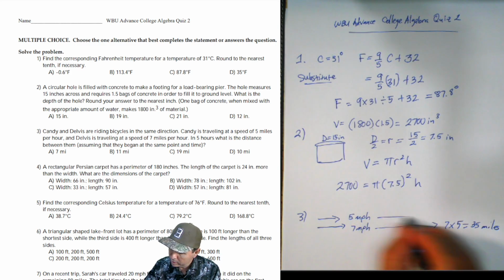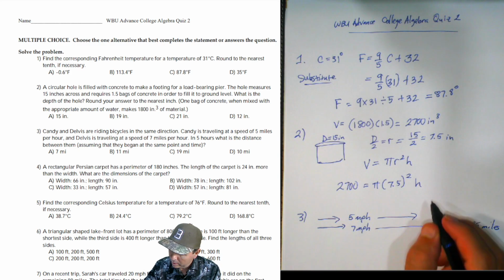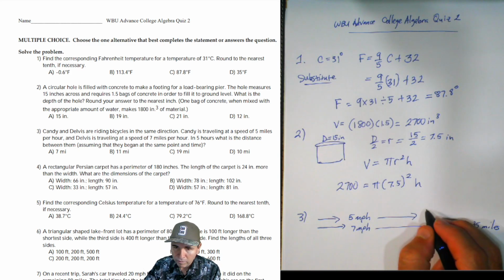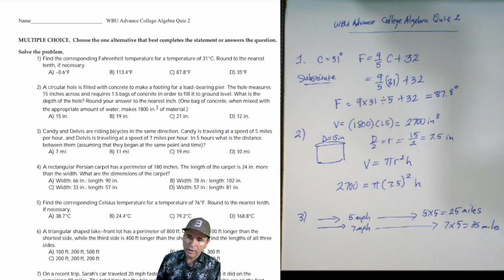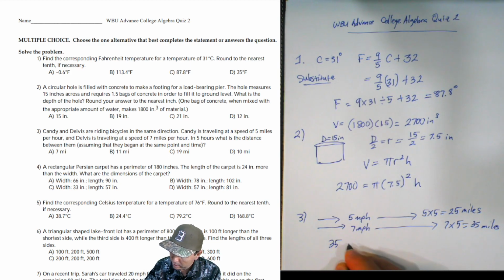Meanwhile, this one over here is only going to travel 5 times 5, which is 25 miles. So now you want to know how far apart are they after 5 hours. And so this becomes a subtraction. So they're 10 miles apart.